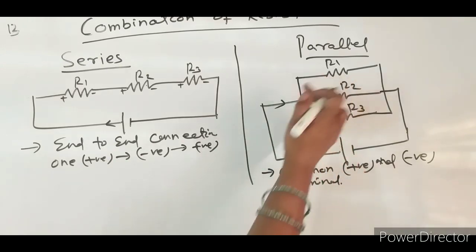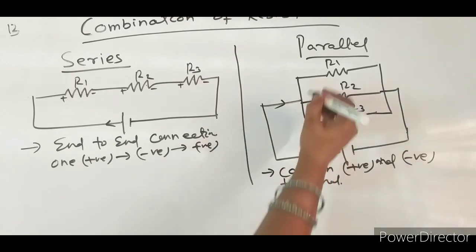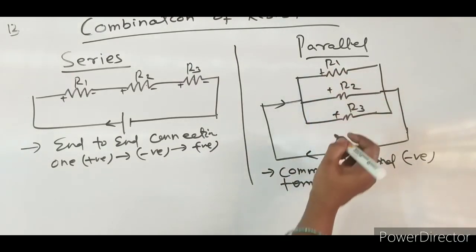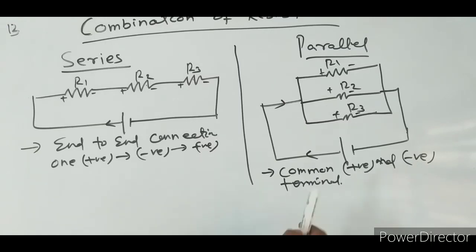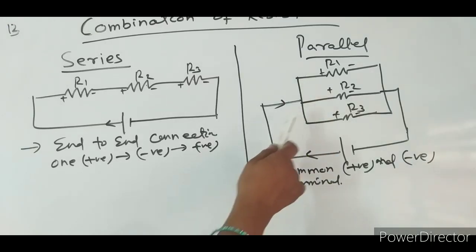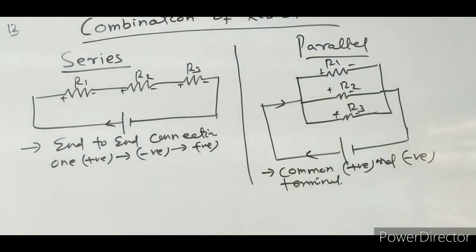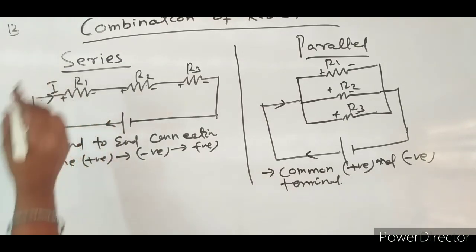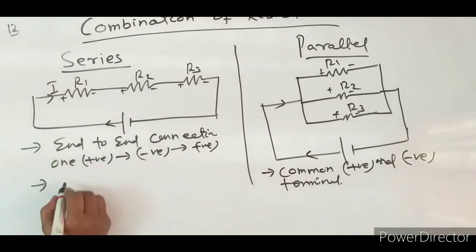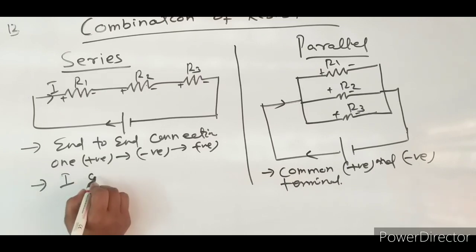So here R1, this one will be positive, all of these will be positive, and these will be negative, negative, negative. So they have the same common positive terminal and common negative terminal. Clear? Another point is that in this case whenever current flows through it, current remains constant. Here I is constant.